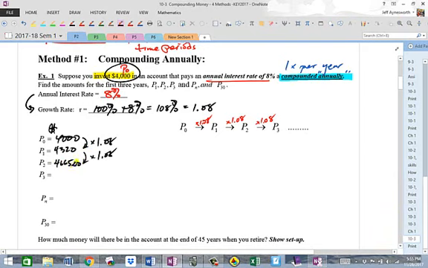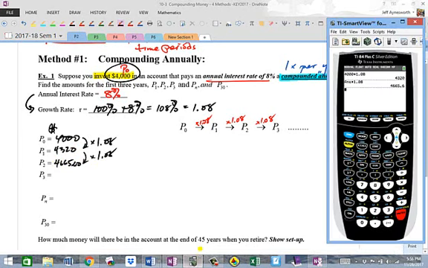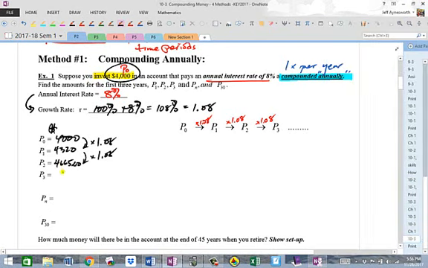Okay, you just keep on going. What's cool about the TI-84 is that if you just hit the enter button next, it recalls what you just did and remembers it, and you can get as many values as you want just by hitting the enter button, which is kind of cool. All you have to do is round it to the nearest penny. All right, so this next one here is $5,038.85 because we round to the nearest hundredth, because there's 100 pennies in a dollar, and that's the smallest unit of money that we have.